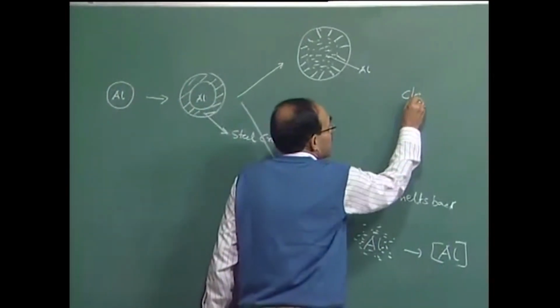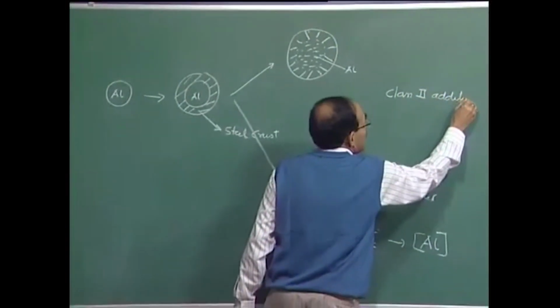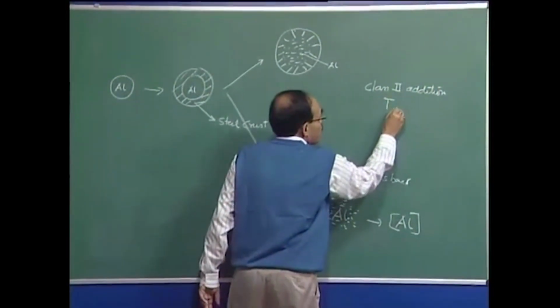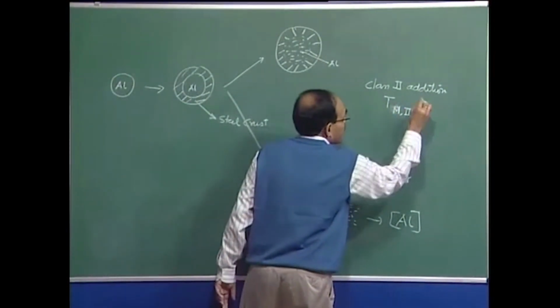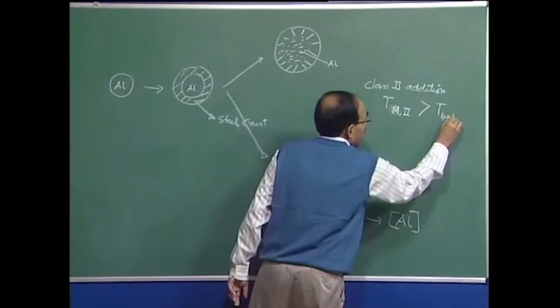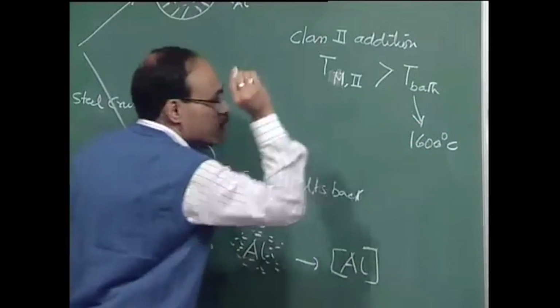So those additions which have a melting point greater than the bath temperature will not melt, and they are said to be class 2 additions. The class 2 additions have T melting greater than T bath, and this T bath is 1600 degrees centigrade.